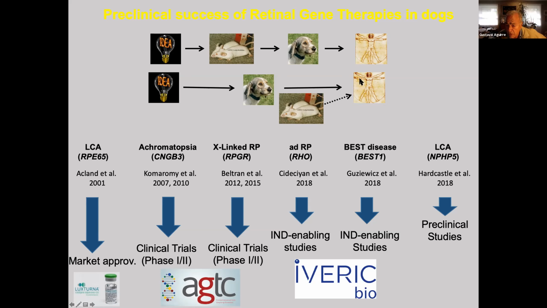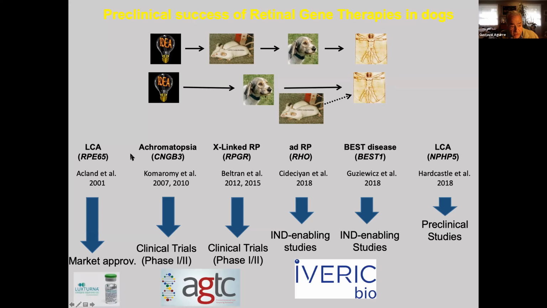Then beginning in the early 2000s, there was a slight paradigm shift where you had an idea, a dog happened to be a perfect model for the human disease, and then began this translational pathway to humans. In some cases, the mouse was also ancillary to this. And in other cases, the mouse, because it did not have a phenotype comparable to the human, was not relevant to that translational path.